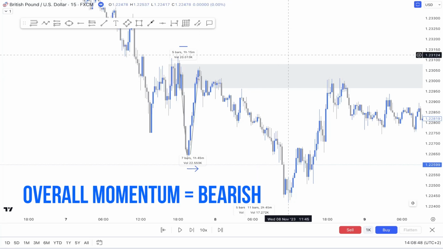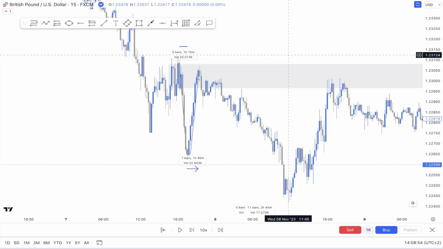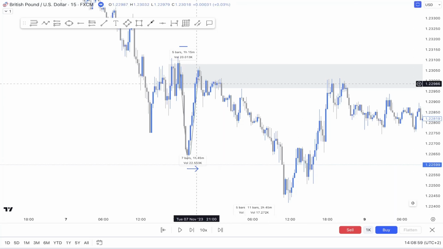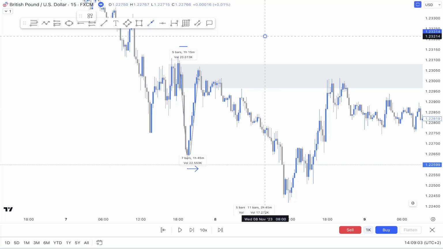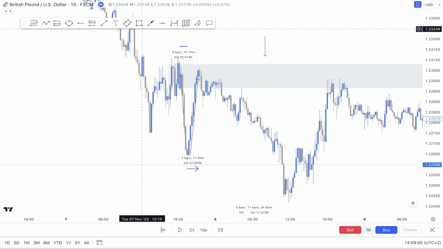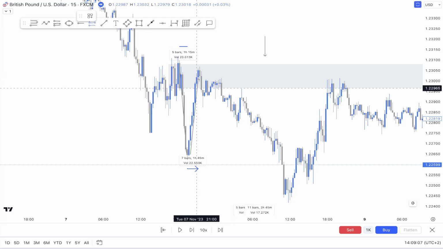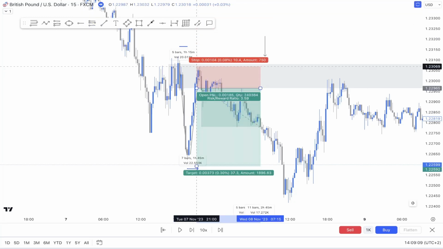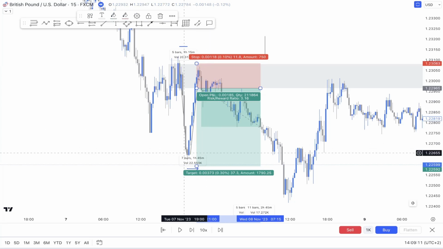Okay, and this is why this is so important, because understanding this can help us with our win rate, with our precision, because right here we could have said, okay, because the overall momentum is bearish, because of that, we can go ahead and enter a sell on this point of interest, because we saw that it took price 7 candles to travel all the way here instead of 5 or less candles, okay?